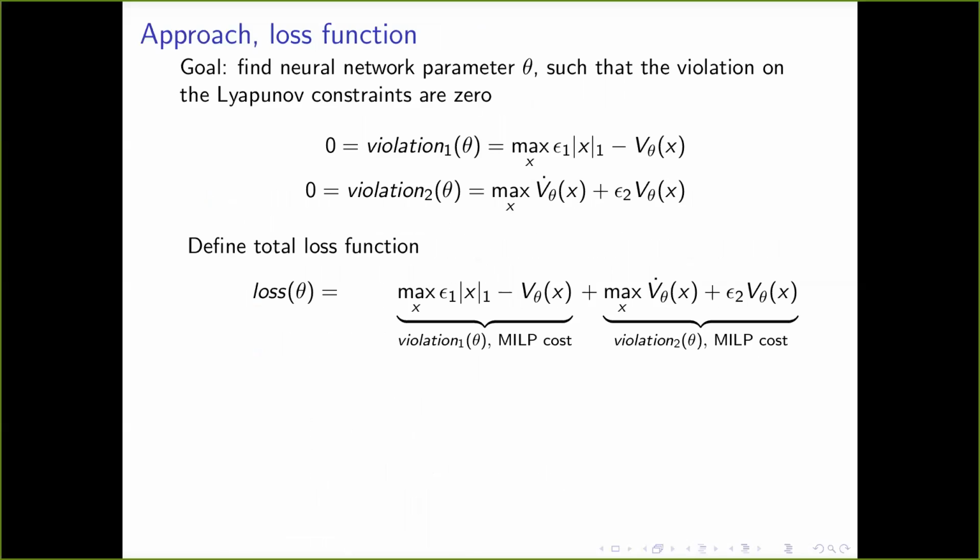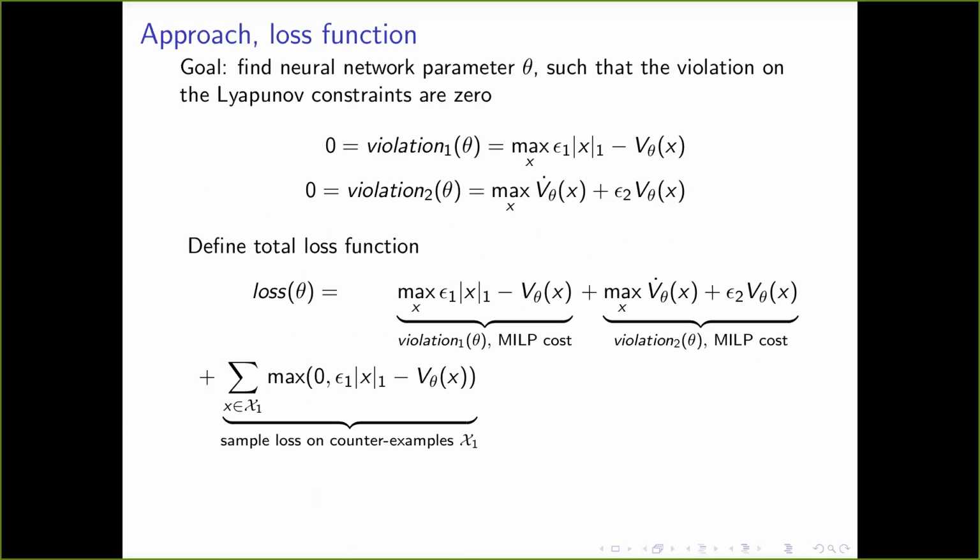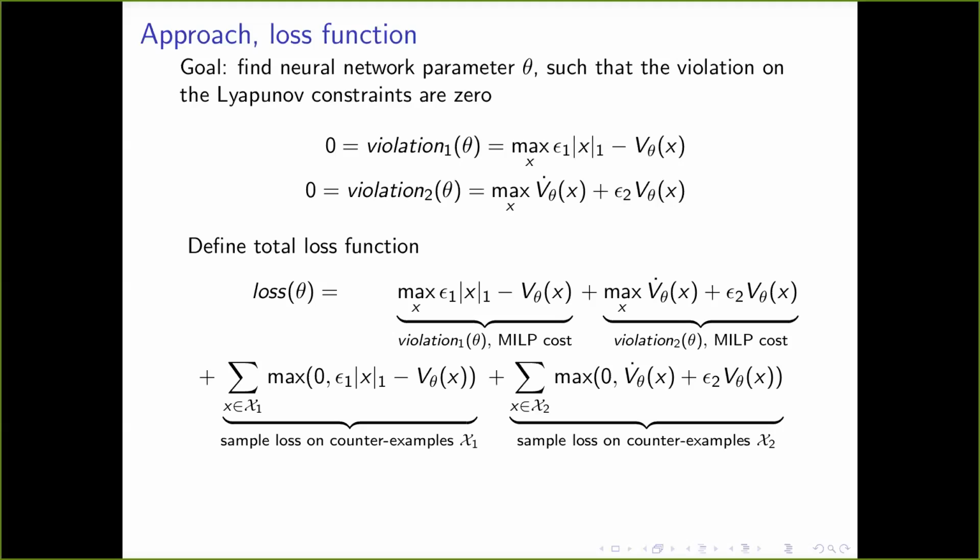Moreover, we include the sample loss of the Lyapunov condition violation on the counterexamples generated from MILPs. Later, we will show that with this combination of loss functions, the training converges faster than only using either the MILP cost or only the counterexample sample loss.